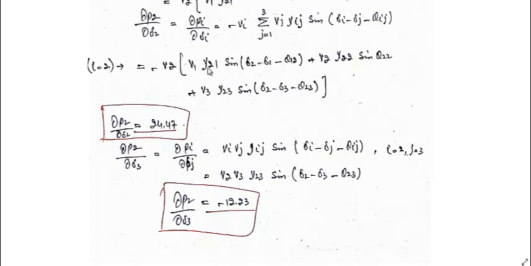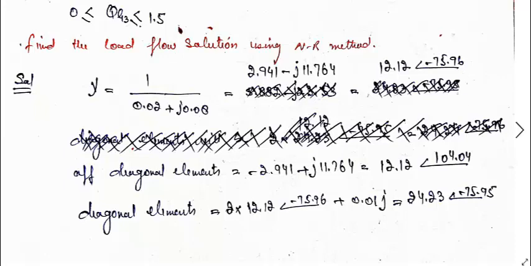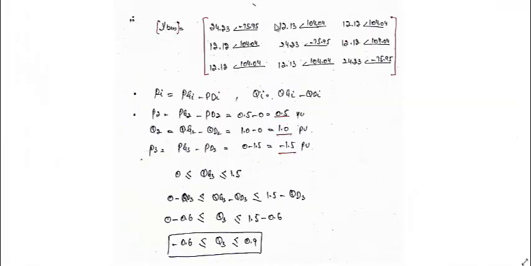We can say Y21 is perhaps 12.13, and theta 21 is 104.04. Magnitude of this will be equal to 12.13, and the angle will be 104.04.